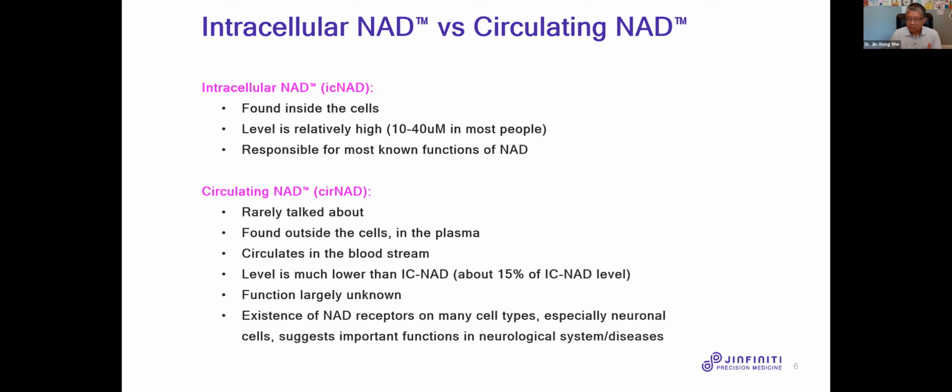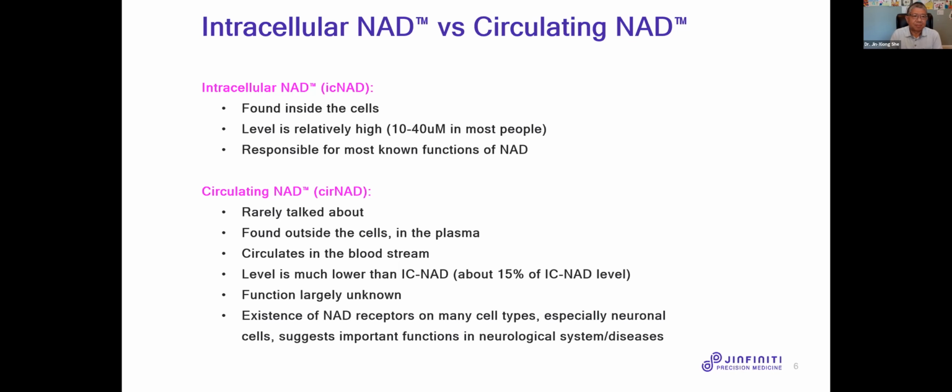So as a ligand, NAD can bind to its receptor on the cell surface and then initiate a cascade of molecular events. And these molecular events can play extremely important functions in the cells and in our health, especially in many of the neurological diseases and neurological functions.